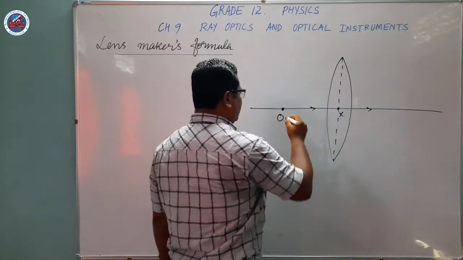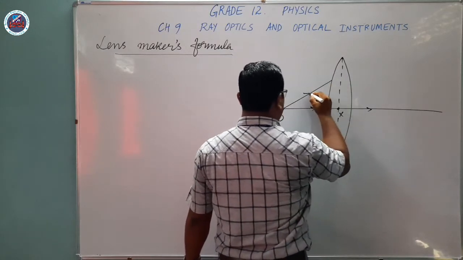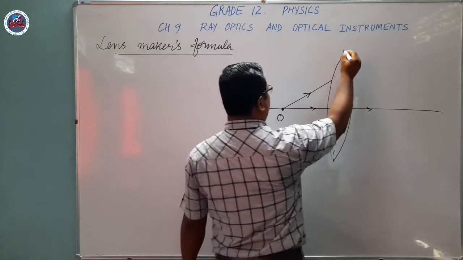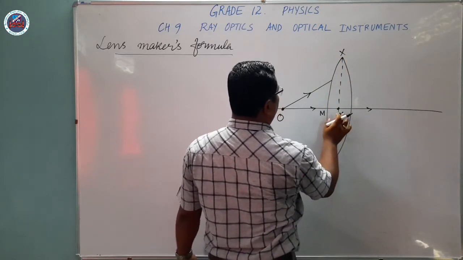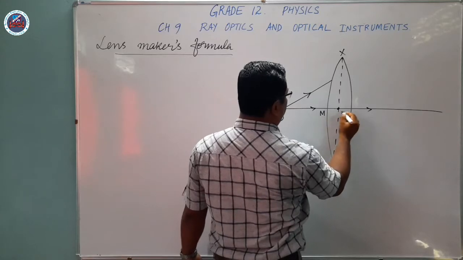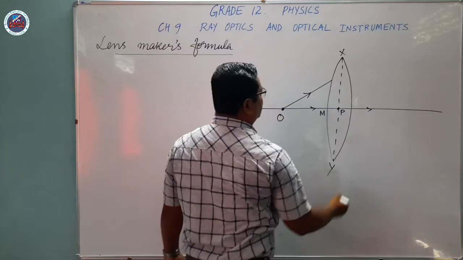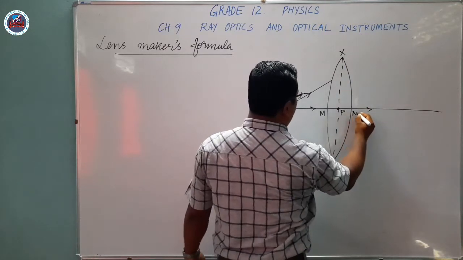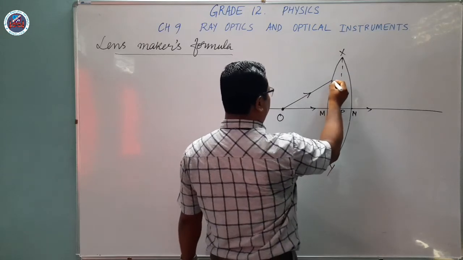Now in the second ray, let us take the ray obliquely this way. First it will come and strike the first surface, let it be X, M, Y, and the second surface X, N, Y. The ray will go and strike at this point.